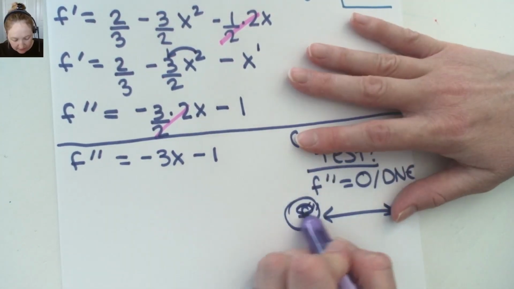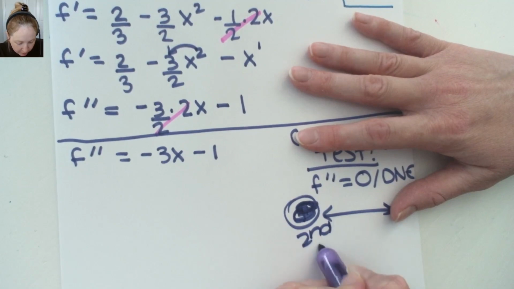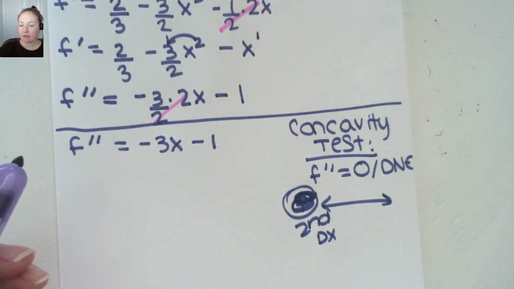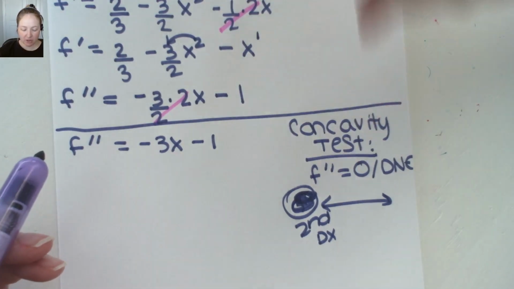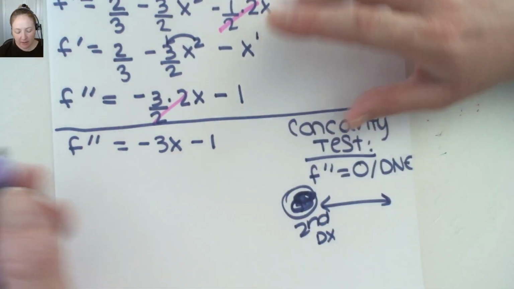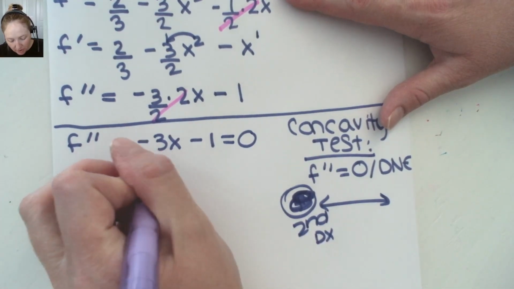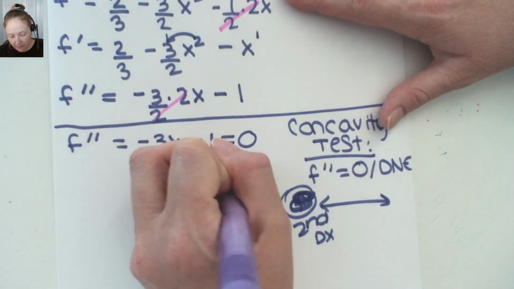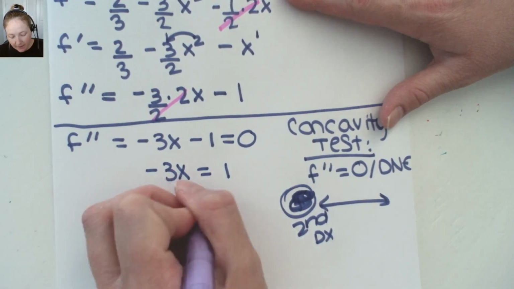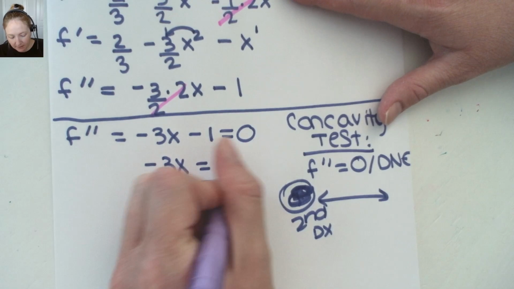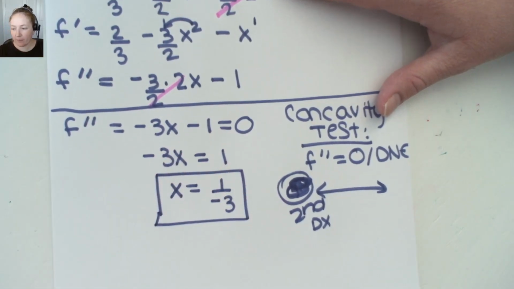Okay, so we're going to ignore all this other stuff about f prime and f double prime simplification. We just look at f double prime and set that equal to 0. That's a one variable equation, so we'll just undo PEMDAS by adding 1 to both sides and then dividing by the negative 3. So that gives us x is equal to negative 1/3.